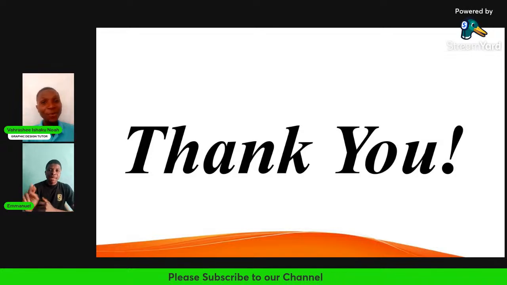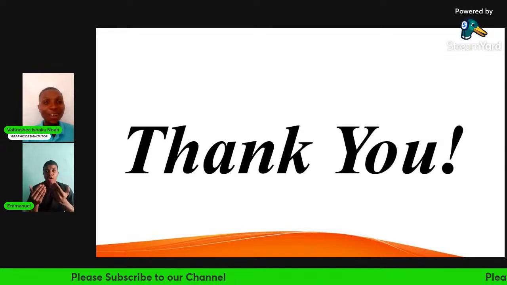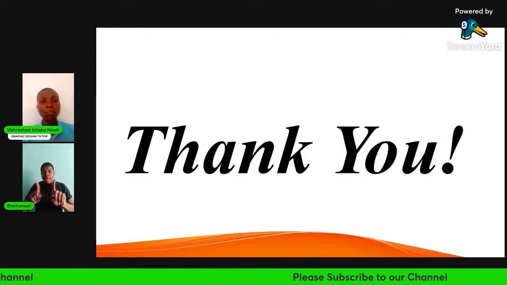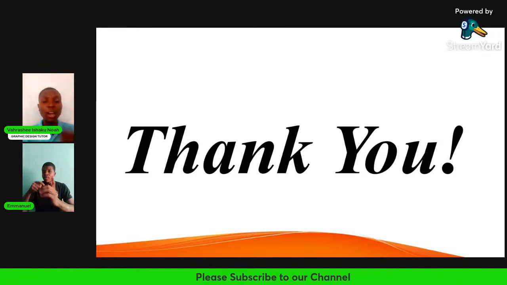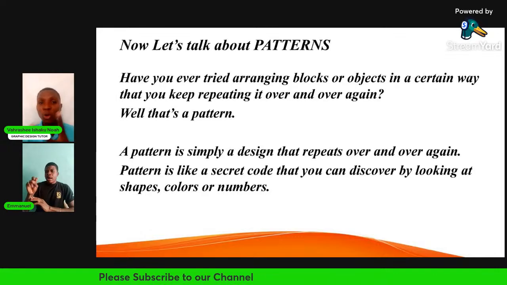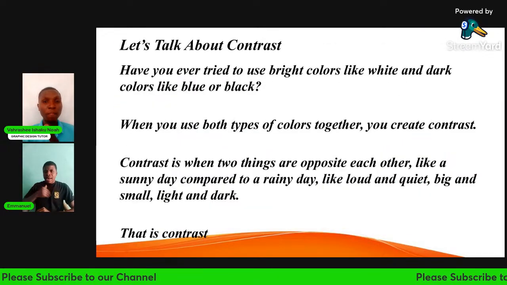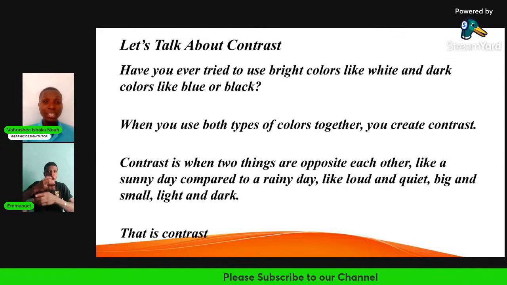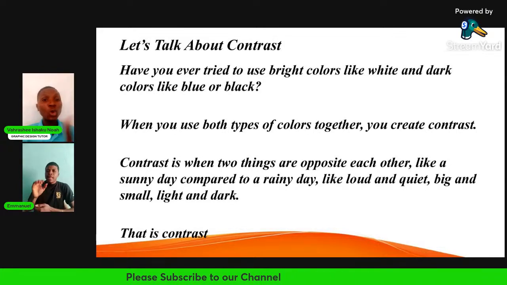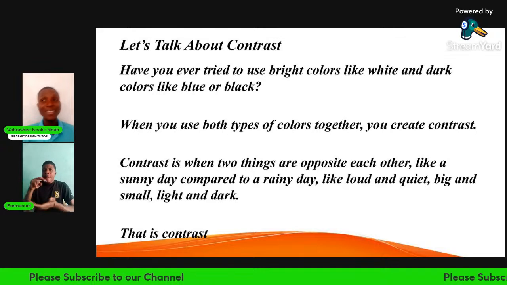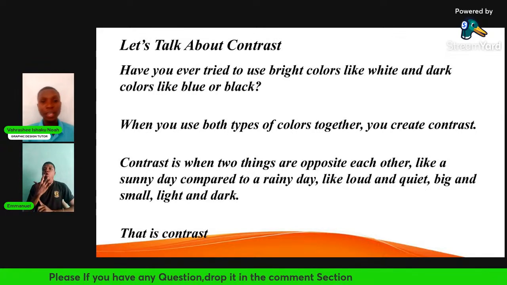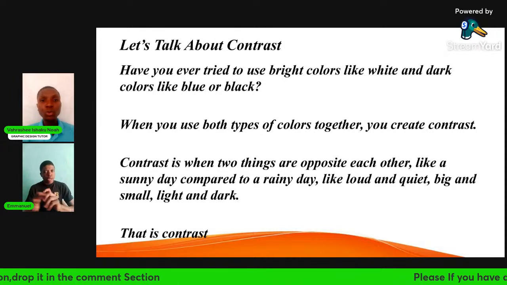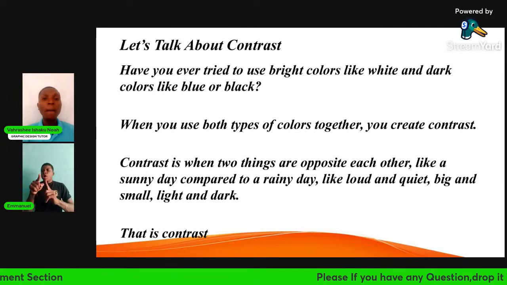So thank you. Actually, the class is not supposed to be very long, and I believe from this you understand contrast and patterns. I will summarize again. Contrast is when two colors opposite each other are brought together. For example, carrying a white shoe and putting it among black shoes.